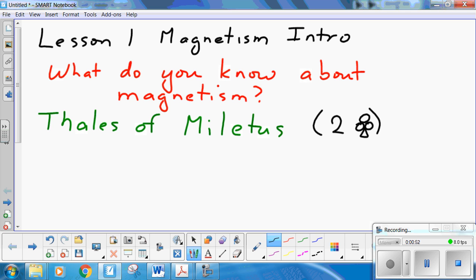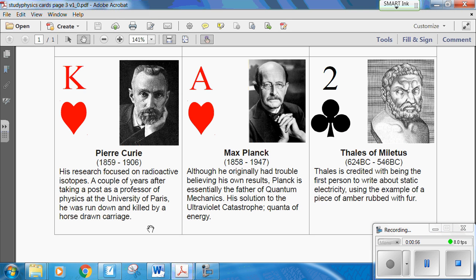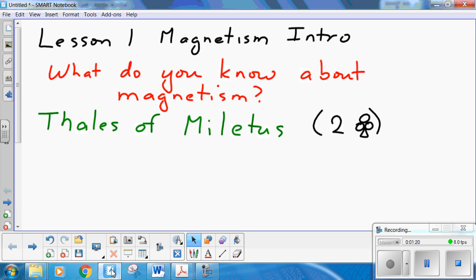So if you want to pull that out now, you will see that Thales of Miletus, 624 BC to 546 BC, is credited with being the first person to write about static electricity using an example of a piece of amber rubbed with fur. So, static electricity. Now, getting back to magnetism.